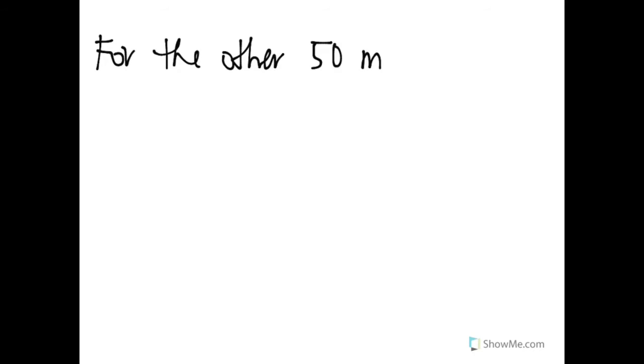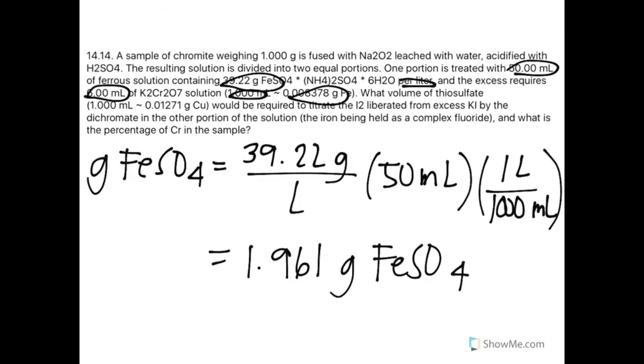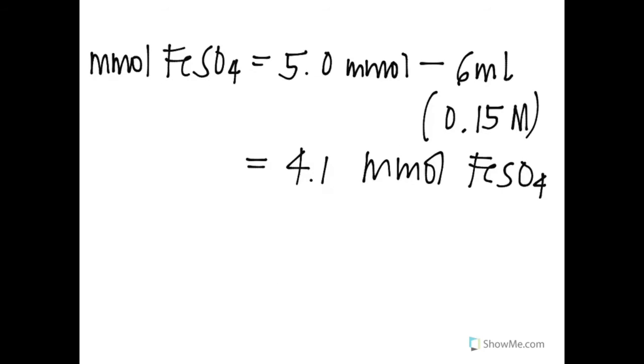So for the other 50 ml, we are given the number of grams of copper and its volume, and we will use this to get the concentration of the thiosulfate itself.